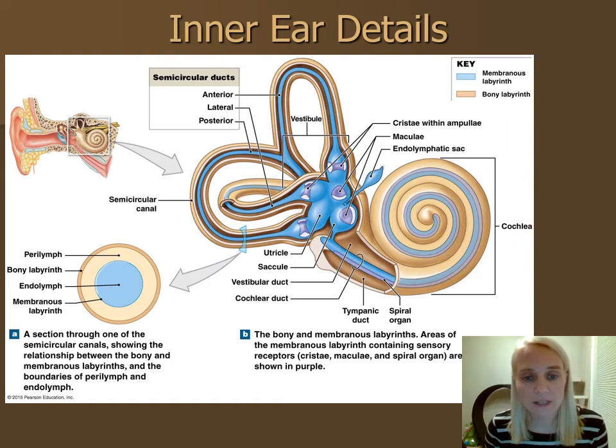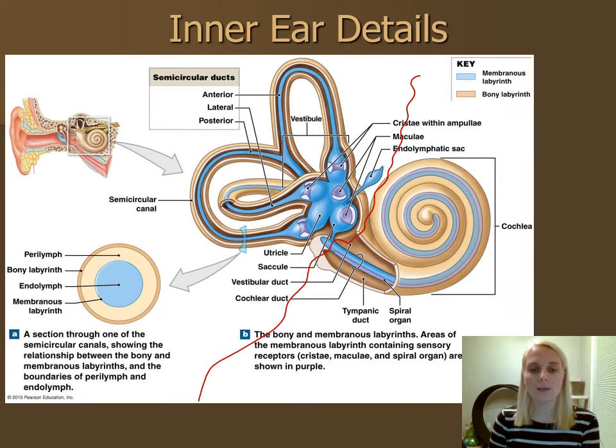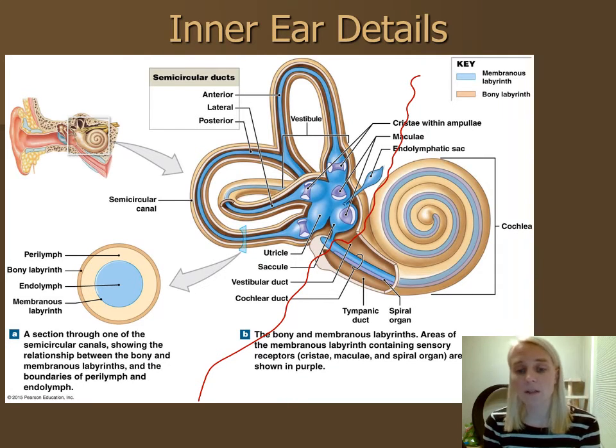If we take a look now at the inner ear, I divided this in half. On the left, this is your vestibular complex. That's going to be all the structures associated with equilibrium. And on the right, this is the cochlea, which is dealing with your hearing. So keep that in mind. I'm saying it a lot because it's important to know the difference between those two things.